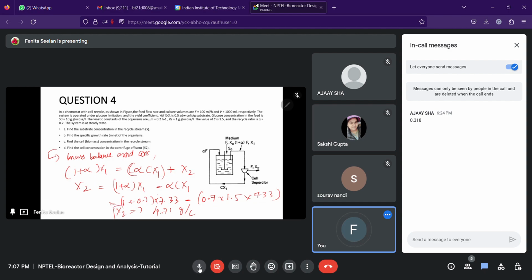So this would be the concentration of cells in the centrifuge effluent.